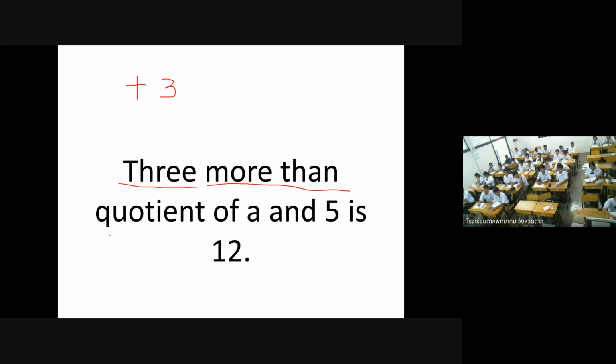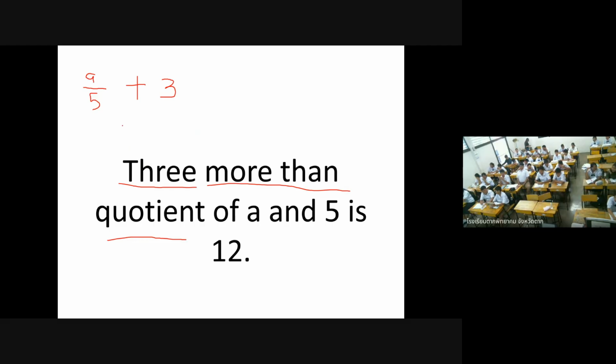Quotient means divide, but we're going to write it as a fraction. Divide what? a and 5. Sorry, that's my bad. I forgot to mute my phone.